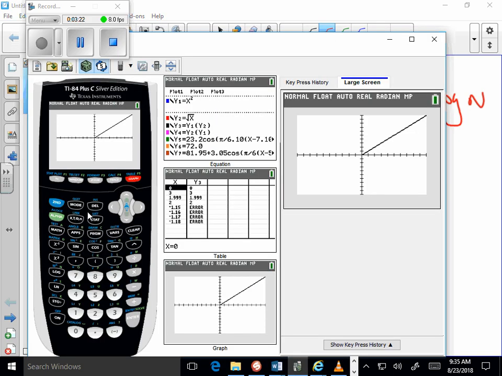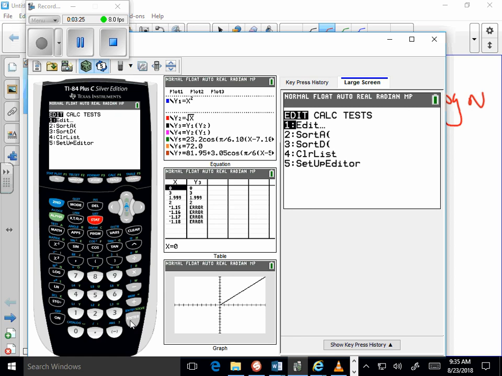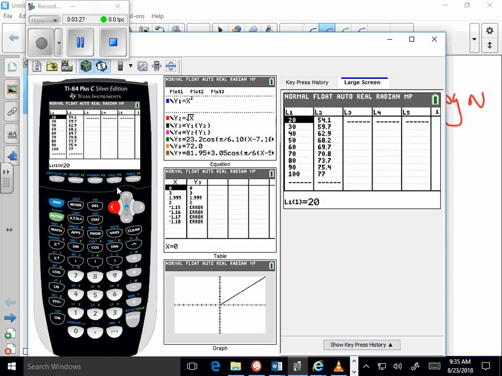Yeah, see stat here? We press stat, we do edit. I'm going to clear the list by going up arrow, clear, enter, up arrow, clear, enter. 1910, I'm going to put in 0. 1930 then is 20 years later. 1960 is 50 years after 1910. 1980 is 70 years after 1910. 1990 is 80 years after 1910. 2000 is 90 years later.